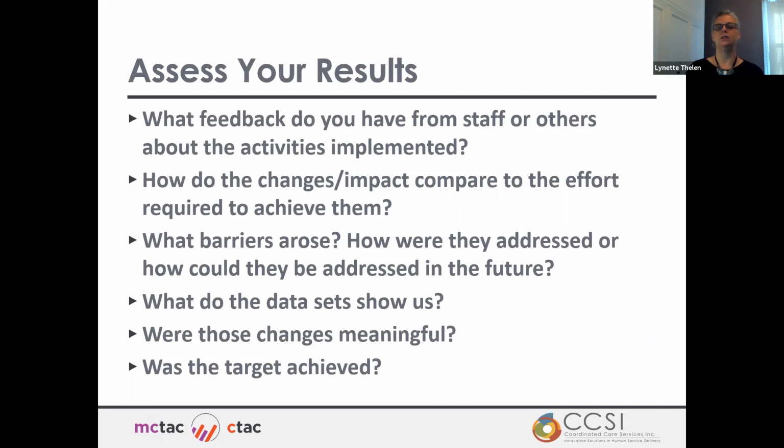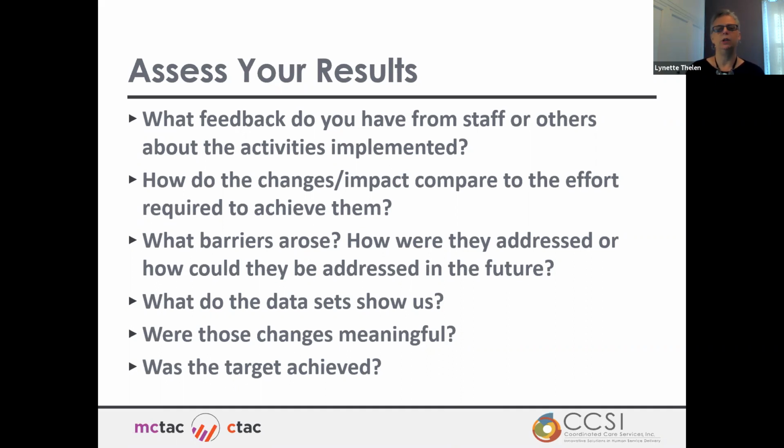And is it achieving the impact that you want to? In many cases, it's going to be worth the effort. In some cases, you have to weigh that and see if it is. It's a great time to also look at what barriers arose. So this approach that we're talking about is very much built off of a PDSA type of cycle. And when you're doing that and you're testing change, you're probably going to think about, well, am I going to implement this on a broad scale?